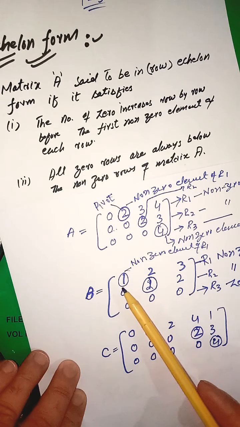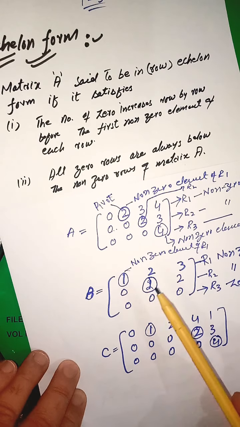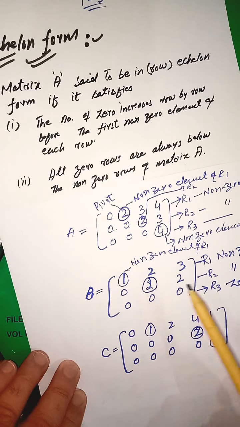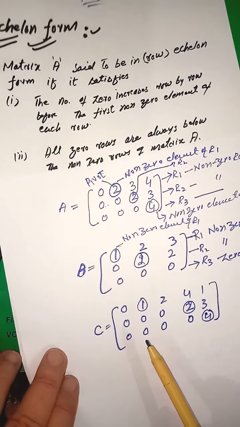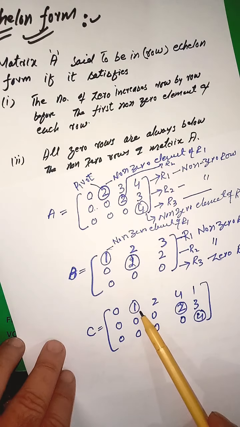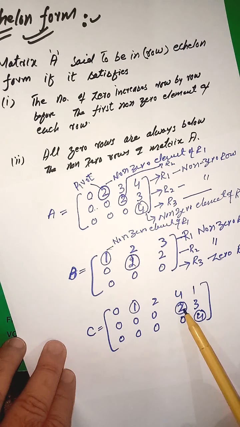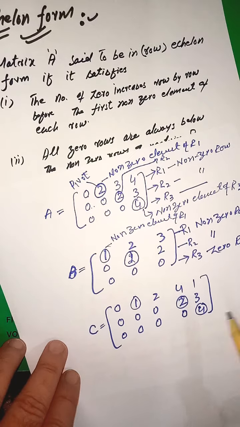In this case, the pivot element is 1 in row 1, and in row 2 the pivot element is 2. In that example the pivot element of row 1 is 1, then 2, and then 4. So how do we define the pivot?